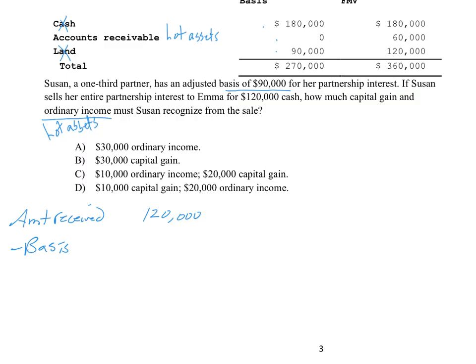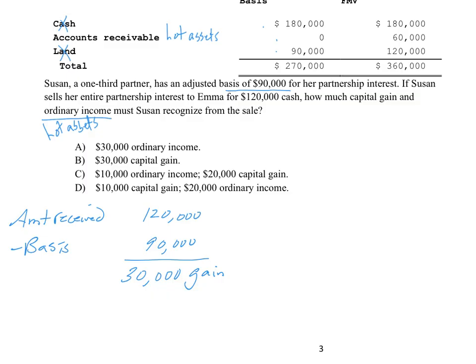What was her basis in the partnership? Her basis in the partnership was $90,000. So what does that give her? That gives her a $30,000 gain.